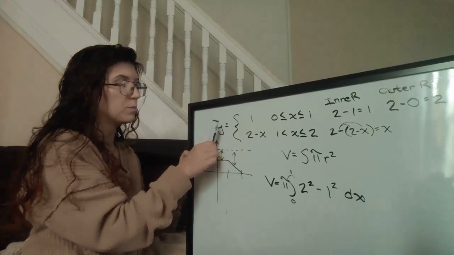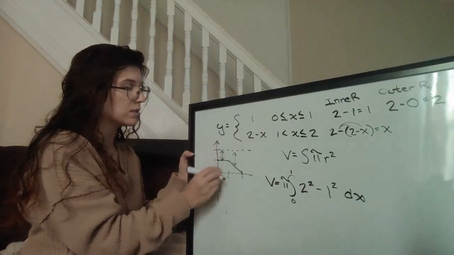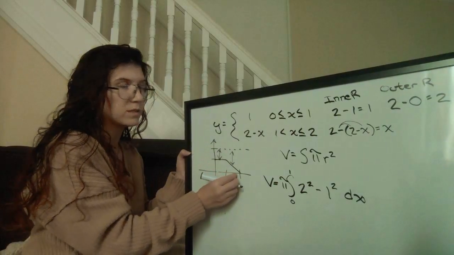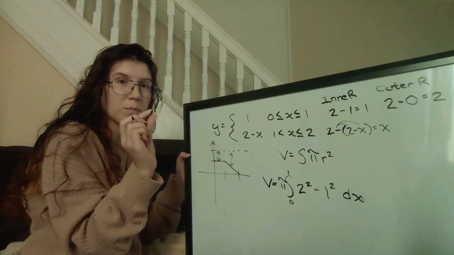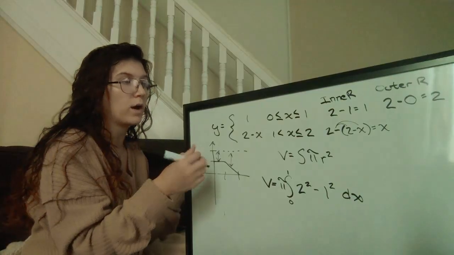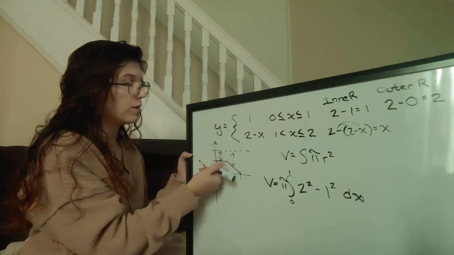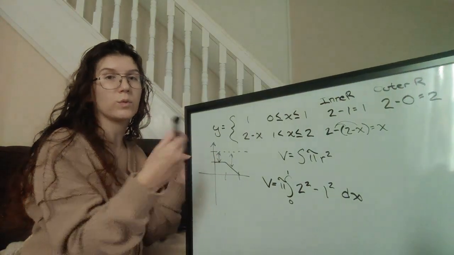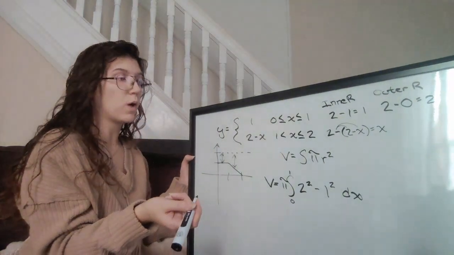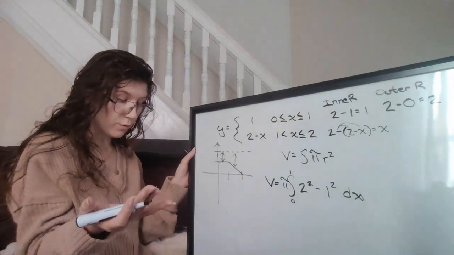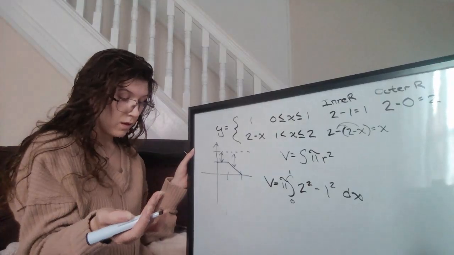So here I'm spinning around this axis a whole bunch of times as thinly as I possibly can. So that's why I'm doing this with respect to x. And whenever we spin around the y-axis, that's when we have to do it with respect to y. So that's what that is.